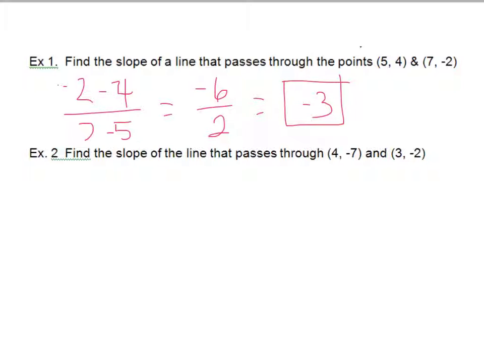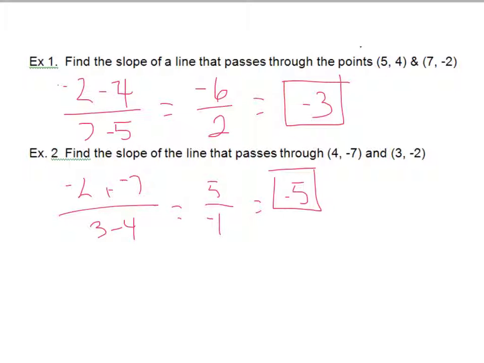All right, example 2, find the slope of those 2 points on that line. So it would be -2 minus a -7, which should be plus positive, over 3 minus 4. -2 plus 7 is 5. 3 minus 4 is -1. So to simplify that, that would be -5.